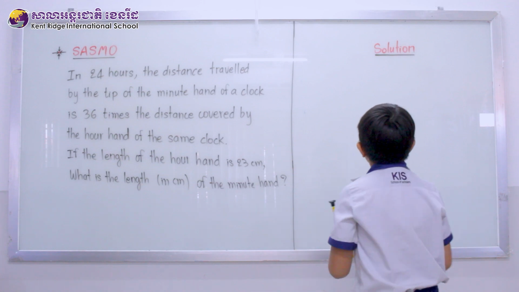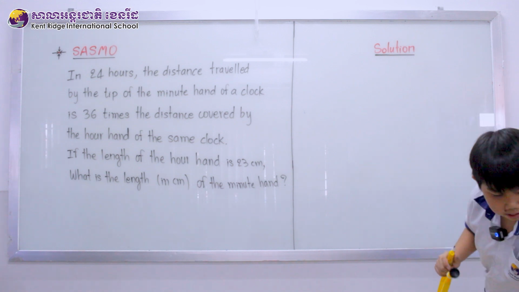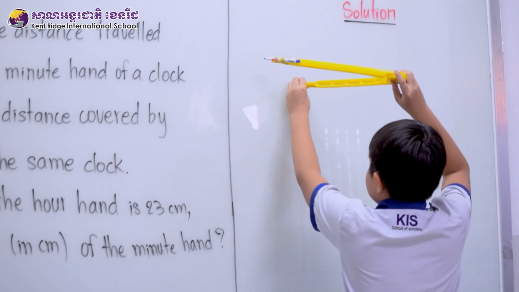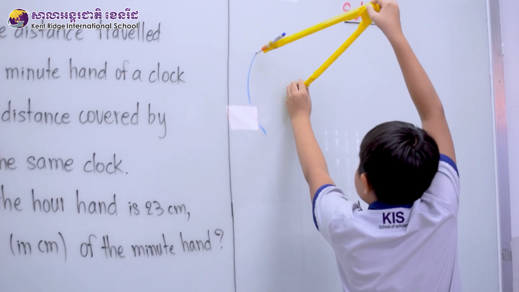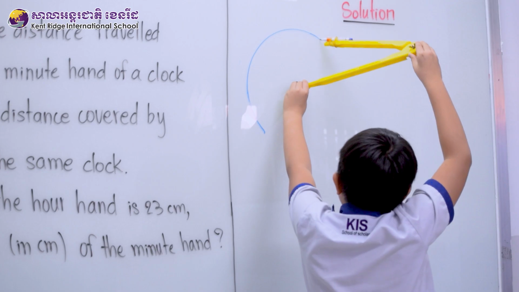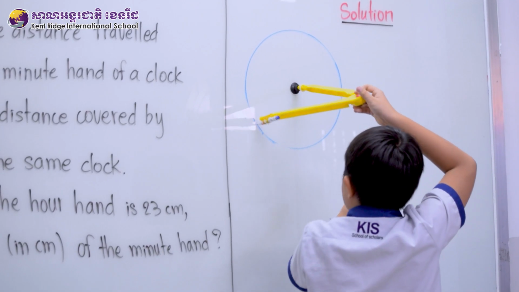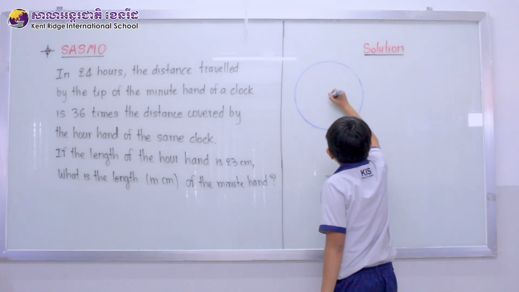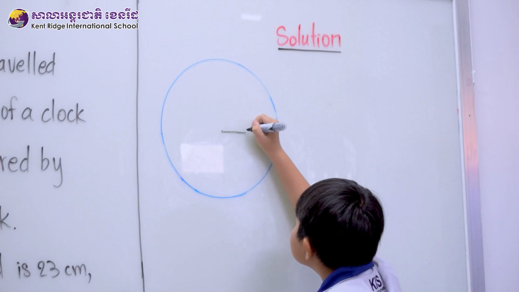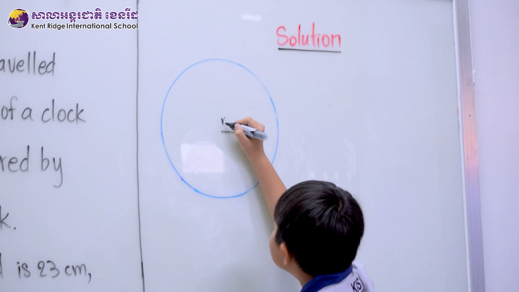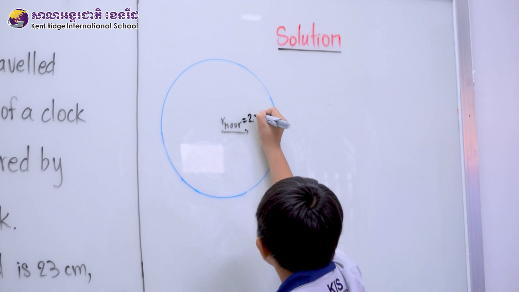So I'm going to draw the clock with the revolution of the minute hand and the hour hand. So we could make this the center of the circle, and we're going to draw the hour hand first. So the radius of the hour hand is equal to 23 centimeters.